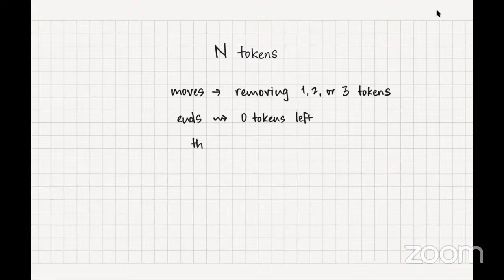And the last player to move wins the game. So that's the entire description of the game. And like we said, we've already sorted out a simple scenario where we have said that if n is 1, 2, or 3, then it's a first player win.